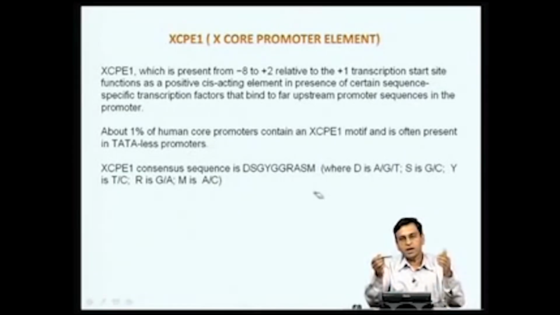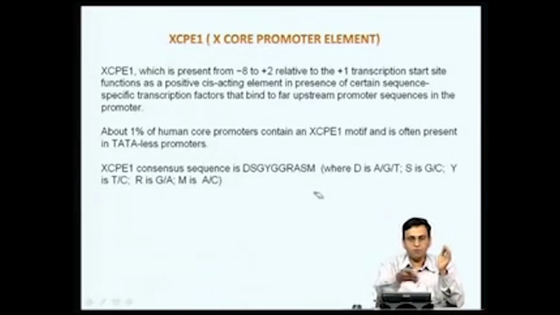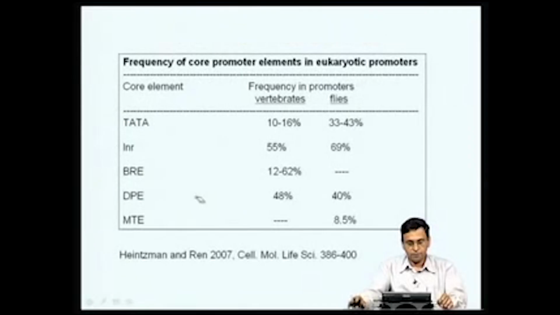So, as you can see, although the Tata box was the original core promoter element which was identified, as people started analyzing more and more eukaryotic promoters, it became very clear that this is not the only sequence which is present, and as people started identifying many promoters which do not contain a Tata box, they started identifying other core promoter sequences, many of which I have now discussed here. The consensus sequence for XCPE1 is shown here. Again, I have mentioned what each one of these letters stands for as per the IUPAC code.